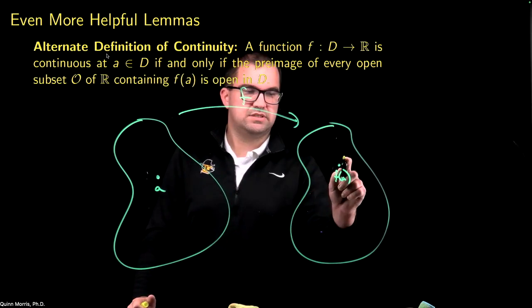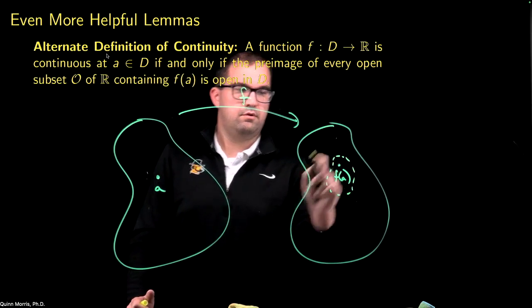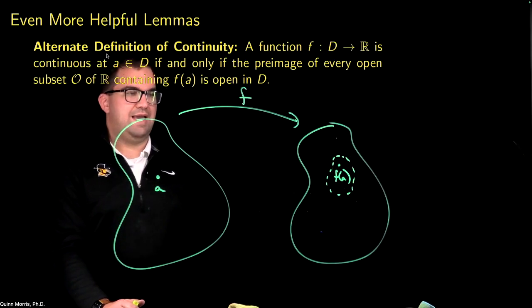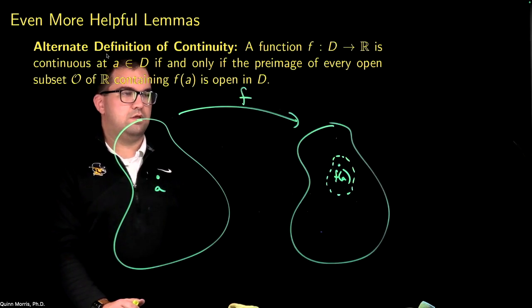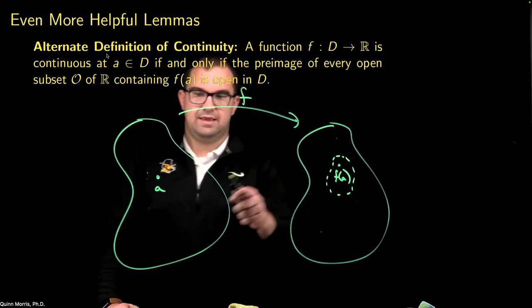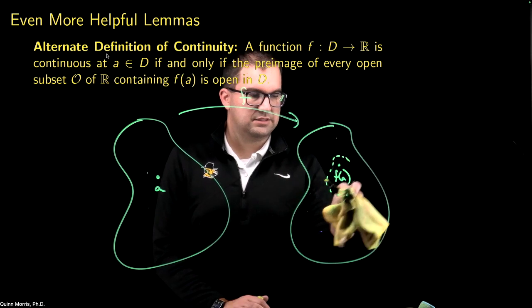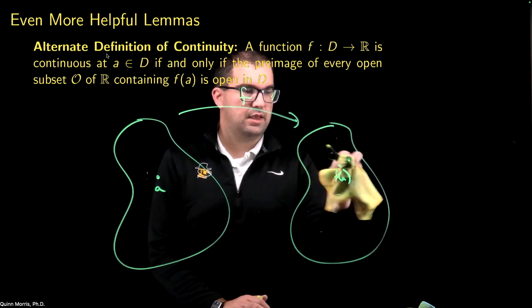So if I take an open set over here which contains f of a, then actually, let's not look at generic open sets. Let's look at neighborhoods.